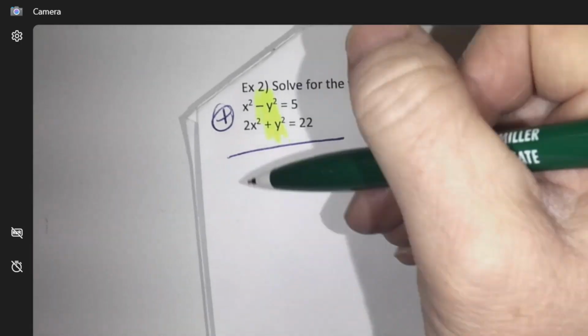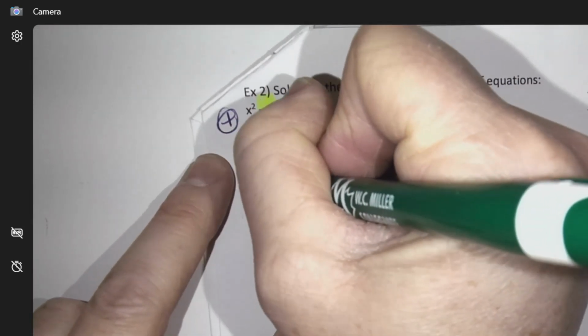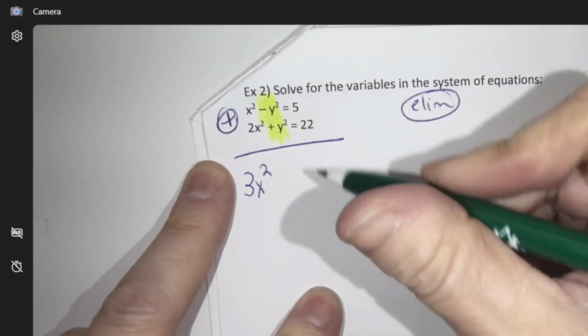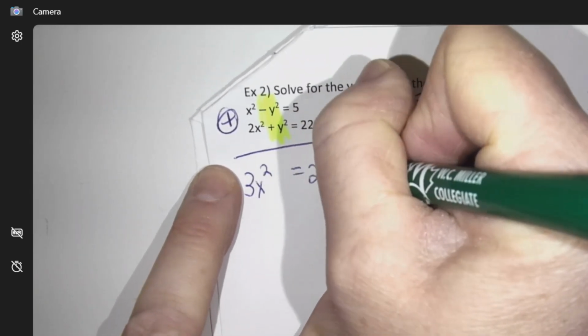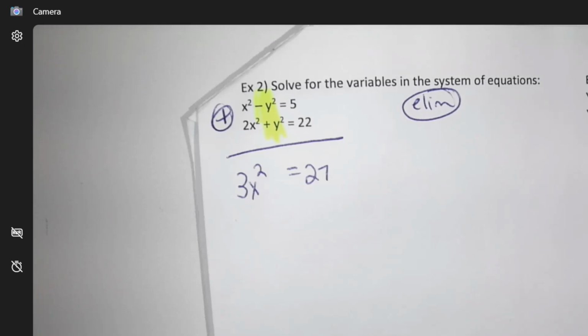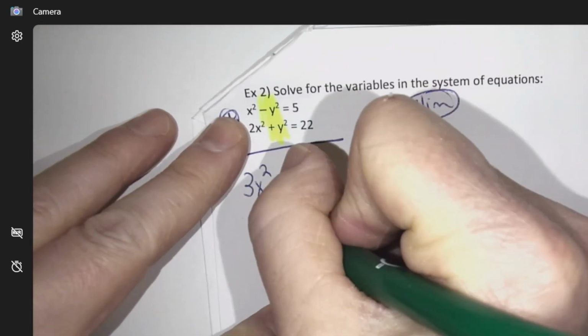Okay, columns, ready? The first one would make 3x squared. The y squareds are gone. 27. Divide by 3.